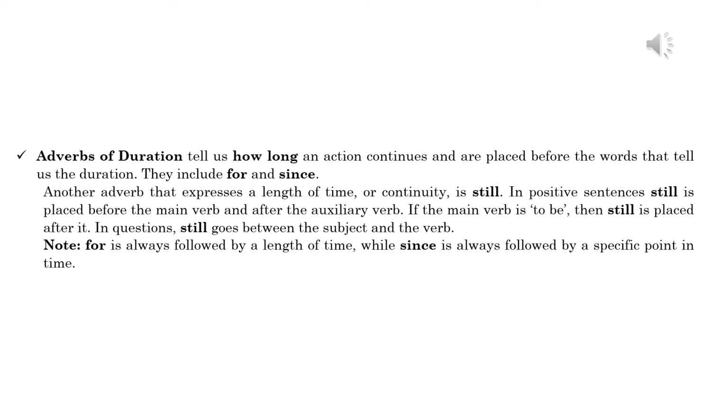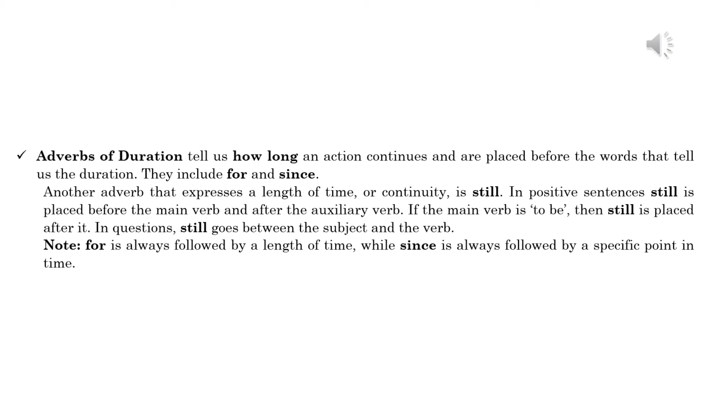Adverbs of duration tell us how long an action continues and are placed before the words that tell us the duration. They include for and since. Another adverb that expresses a length of time or continuity is still. In positive sentences, still is placed before the main verb and after the auxiliary verb.